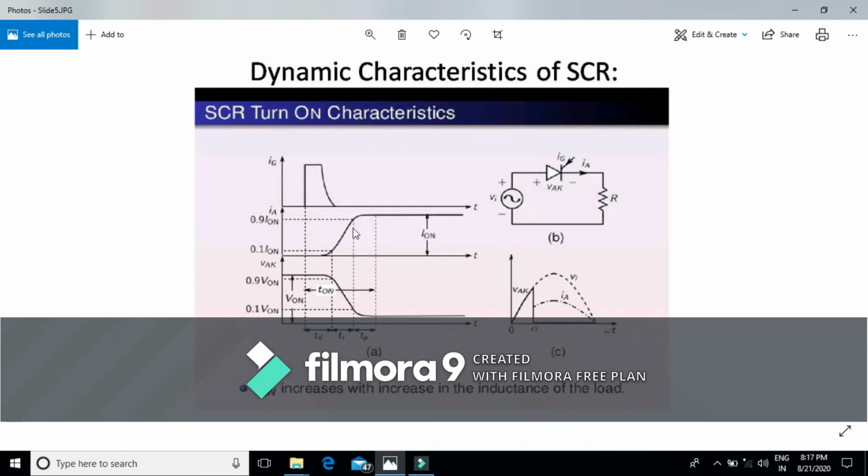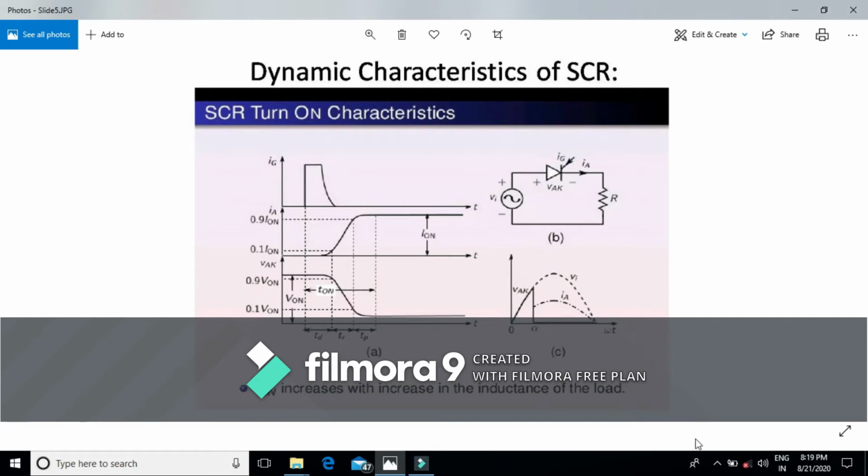We can say that 80% of the rise of anode current occurs in this interval, or that rise time is the interval in which the anode to cathode voltage, or V on, decreases from 0.9 V on, that means 90% of its final value, to 10% of its final value, that means 0.1 V on.